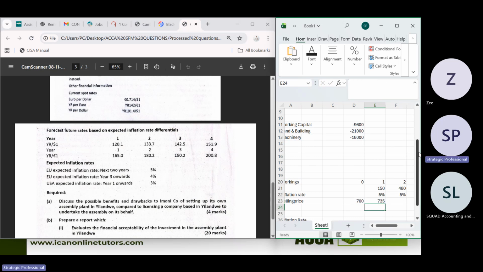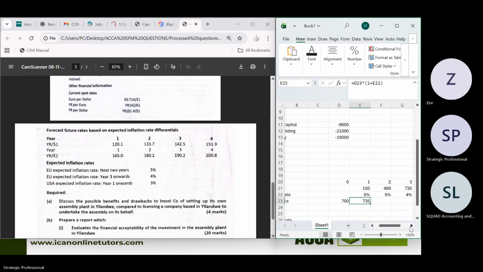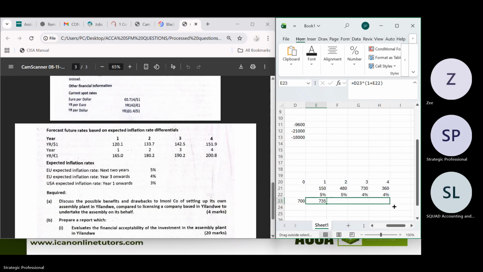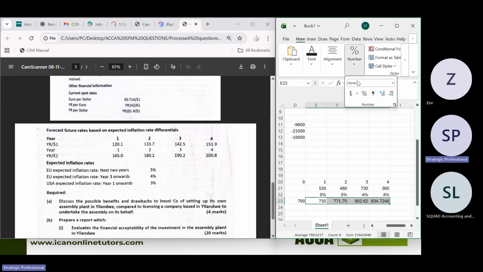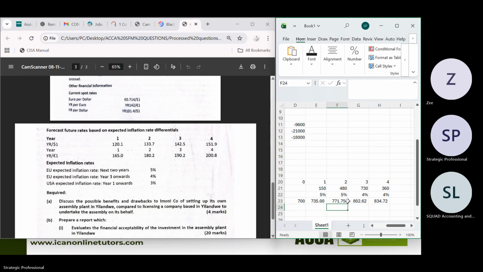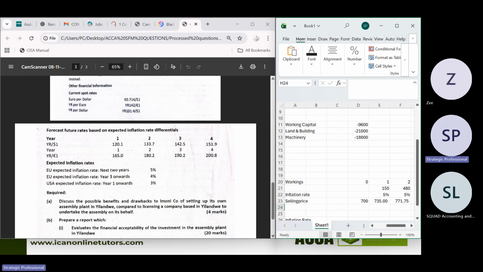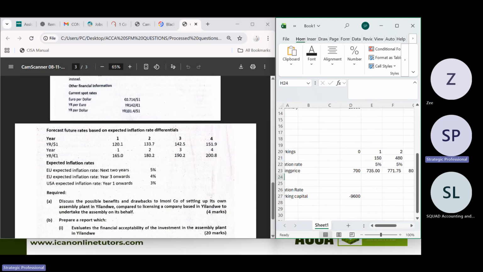So these are our selling prices to grow. Is that clear? 5%, this one 4%. So that's that about that. Now, we move on. Let's be taking it small by small like that. This 150, don't forget this one up.